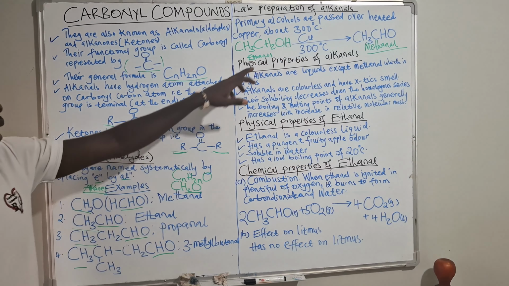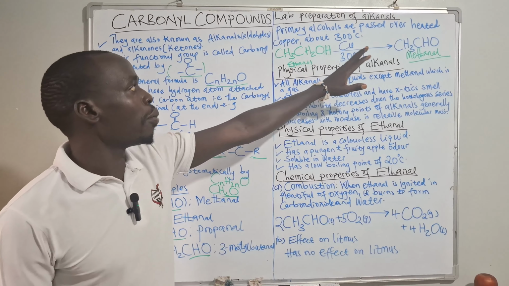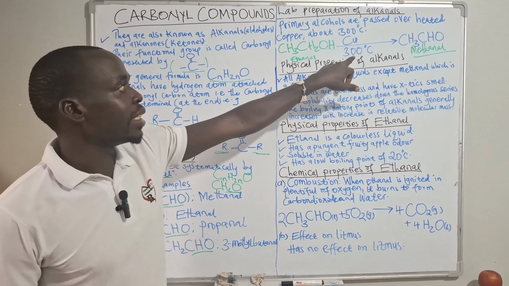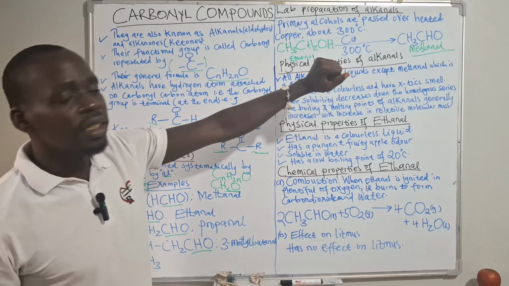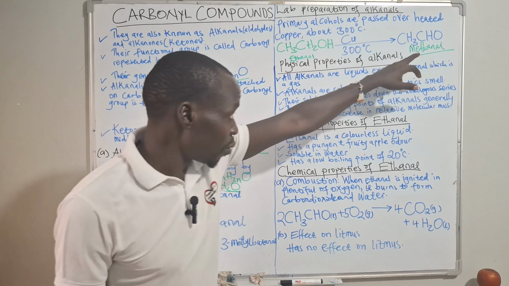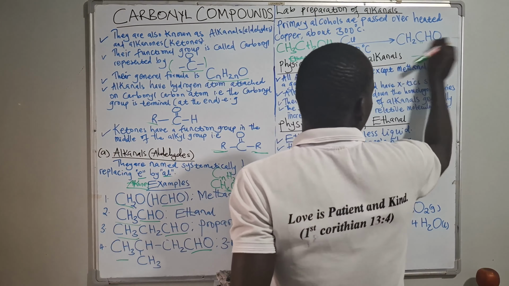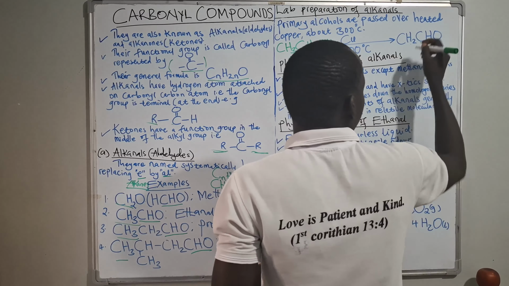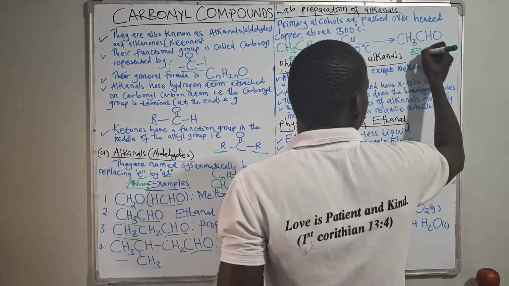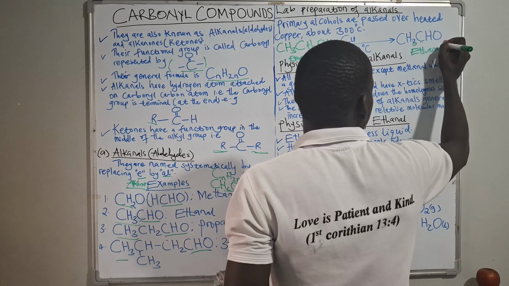So if I have my ethanol, then I pass it over heated copper at this temperature, 300 degrees Celsius, I'll be in a position to form what we call ethanal.